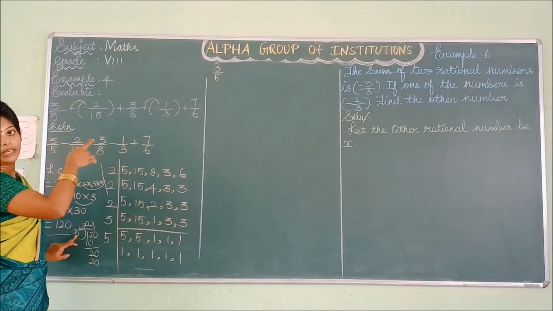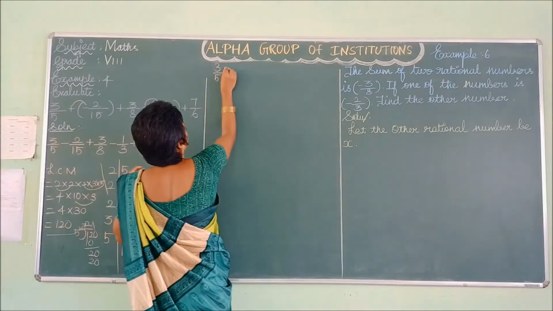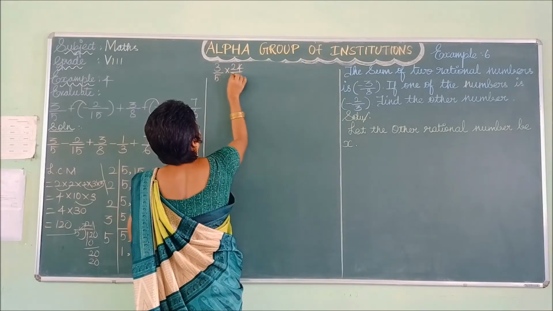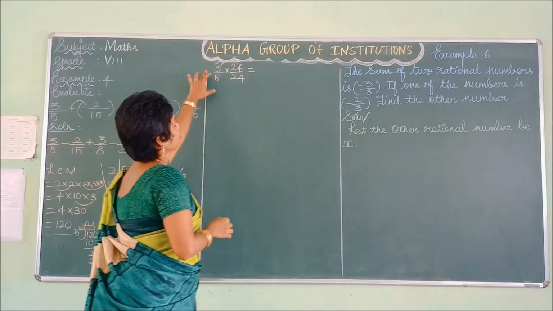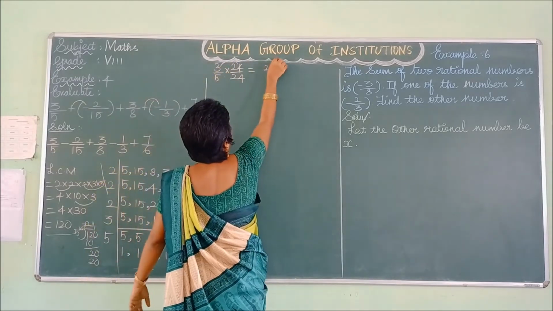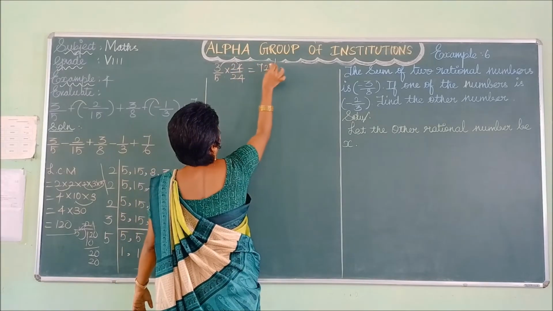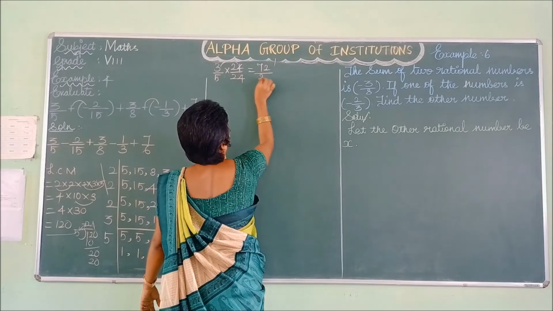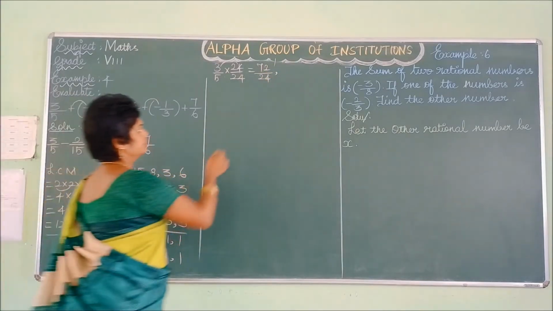So 5 in the denominator already; multiply the numerator with 24. 3 into 24: 3 fours are 12, remaining value 1, 3 into 2 is 6, 6 plus 1 is 7. So 72 by 120. The next value is 2 by 15.